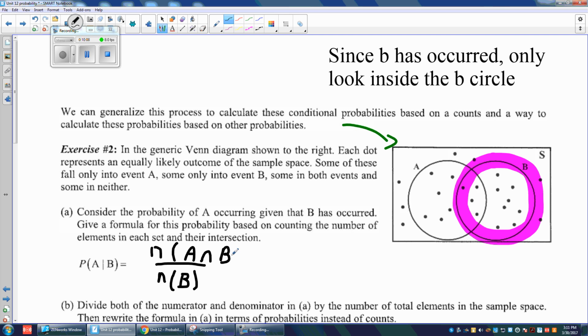Remember, the N means count it. This is an N, I'll put a little tail on it. This is an upside down U, it means intersection. There, I wrote a formula based on counting the number of elements in each set.